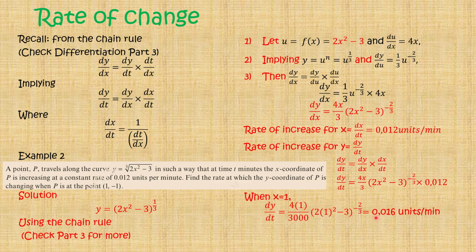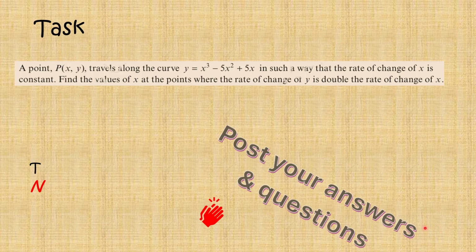So doing so, we get that chunk here, and simplifying further, we get our answer as 0.016 units per minute. So the rate of change for y is 0.016 units per minute. That's how we solve such kind of questions.